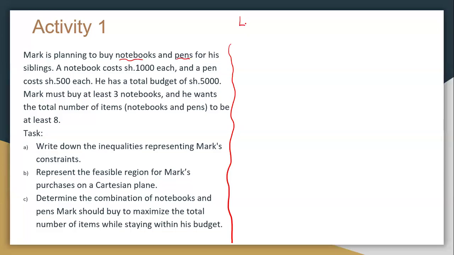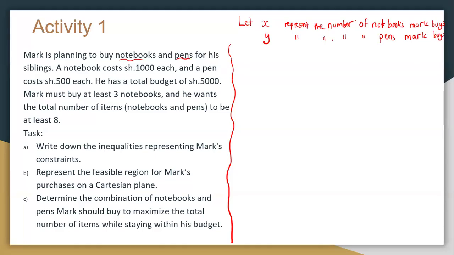We shall say, let X represent the number of notebooks Mark buys. That is my opening statement. Then I will say let Y represent the number of pens Mark buys. Please, for you, don't put these things I'm putting. For you, write the full sentence.